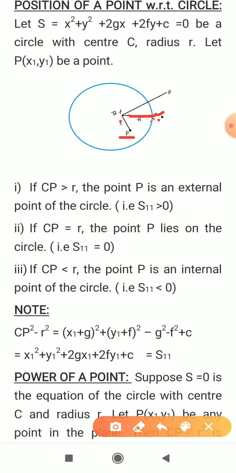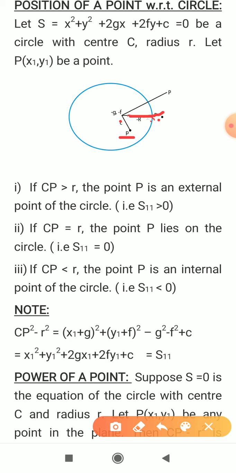So to find the position of the point, we first find CP, the distance from the center to the given point. For that, first we find the center. Next we find the distance between the center and the point P. Next we find the relation between that CP and the radius. The radius comes from the circle.